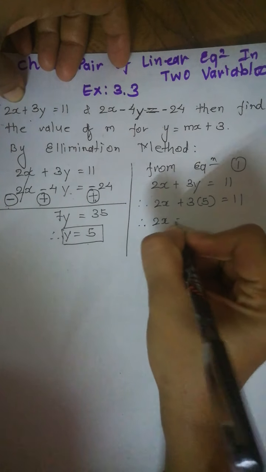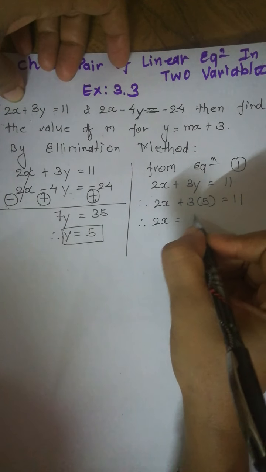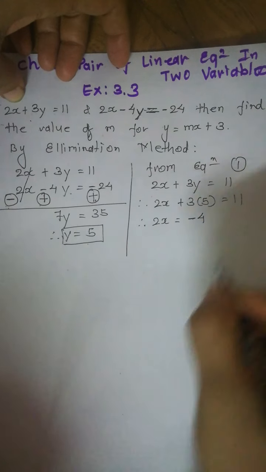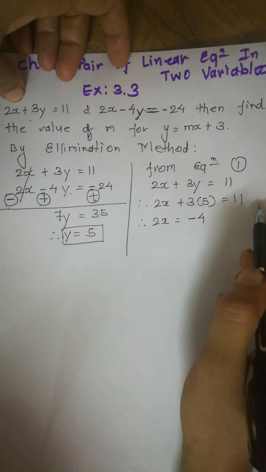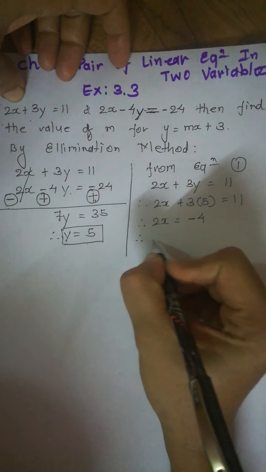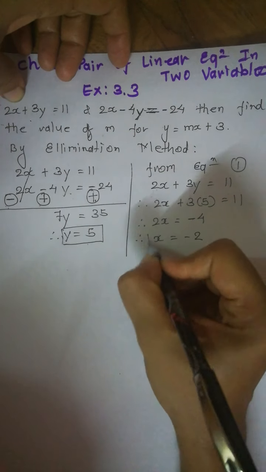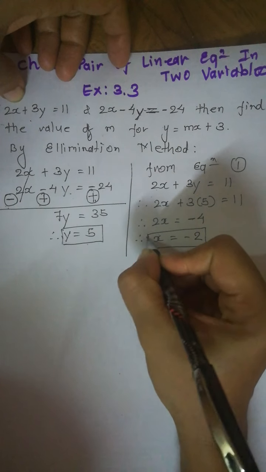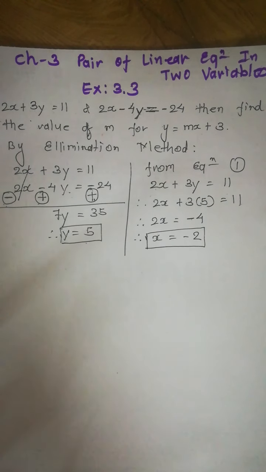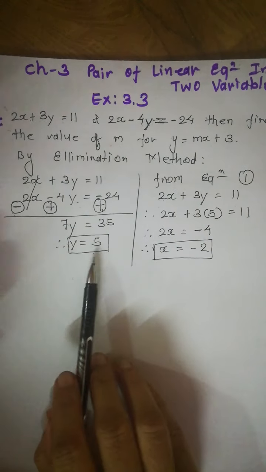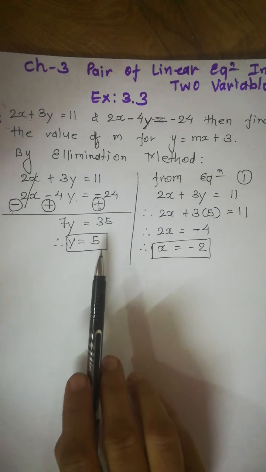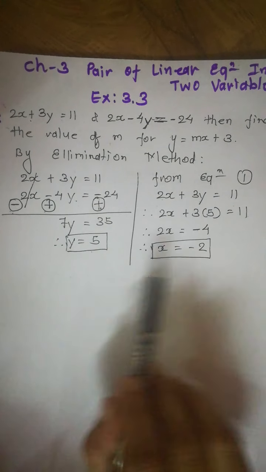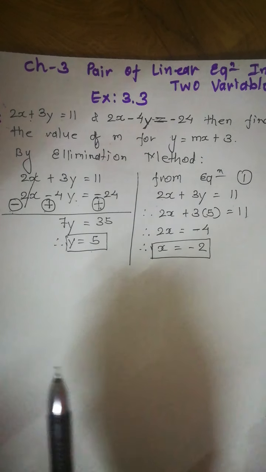Therefore 2x is equal to 11 minus 15, that means minus 4. And therefore x is equal to minus 2. So we have the values of both variables, x and y, as minus 2 and 5. So this is the elimination method.